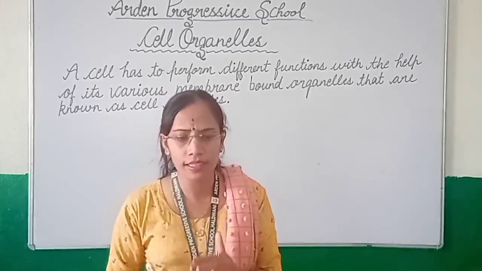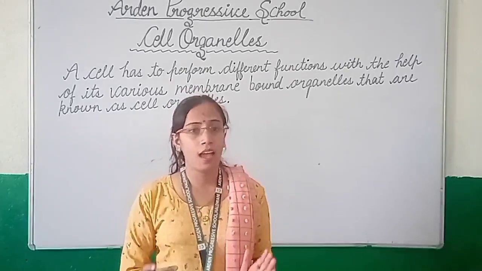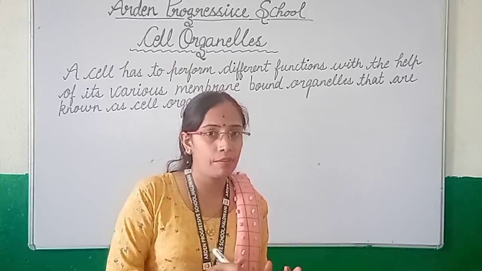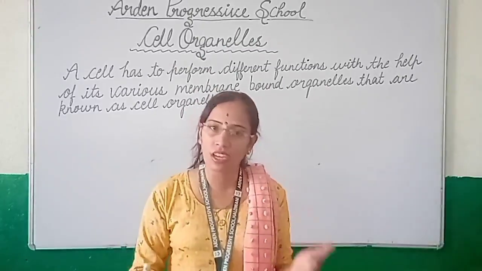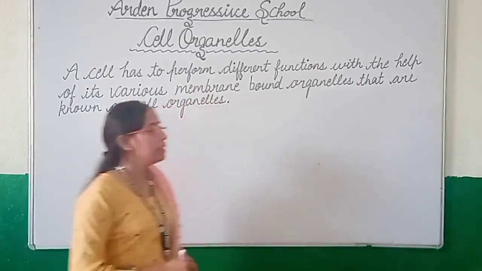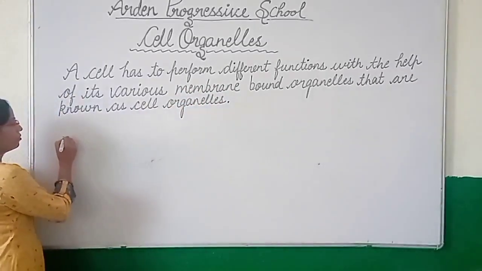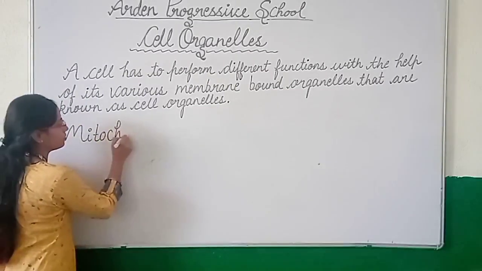The cell organelles are the living part of the cell, and each of them has a definite shape, size, structure and function. Some examples of cell organelles are, first one is the mitochondria.